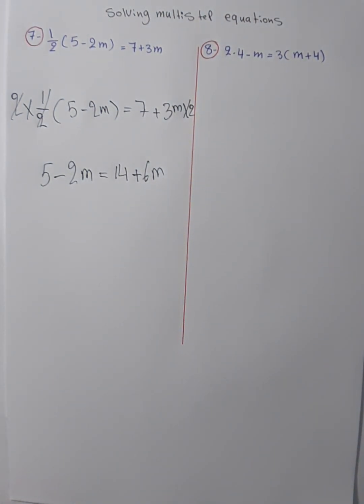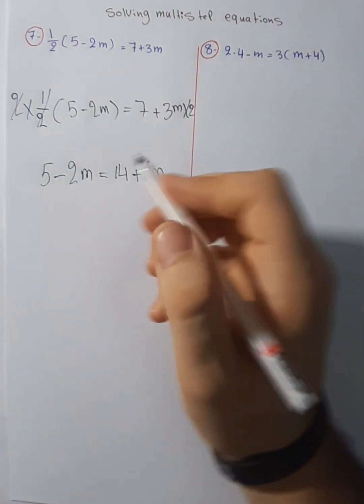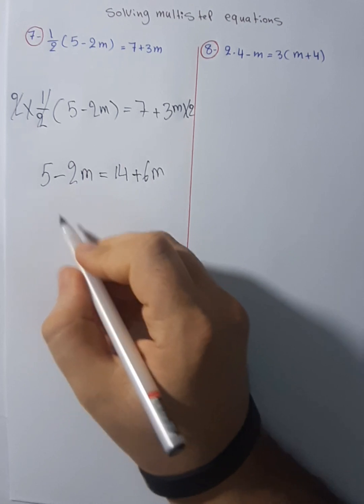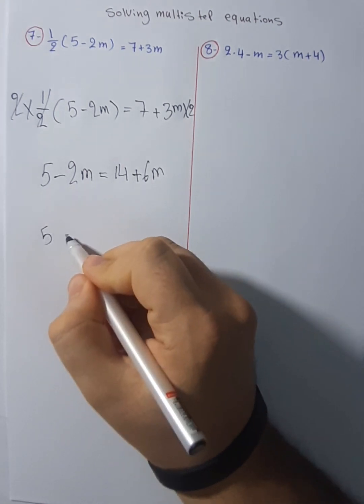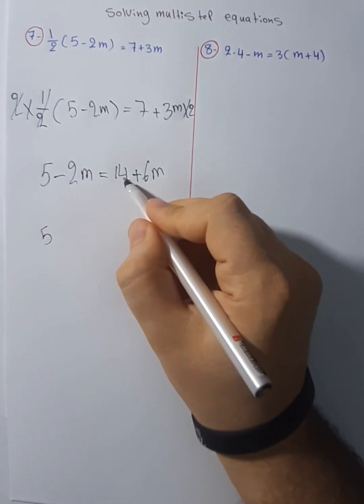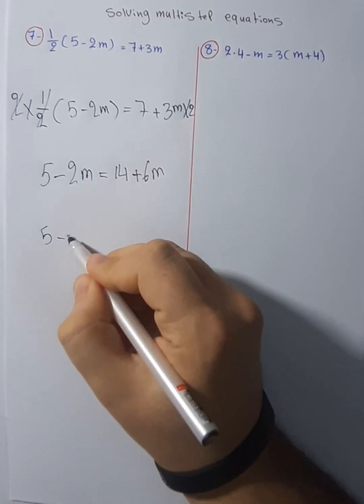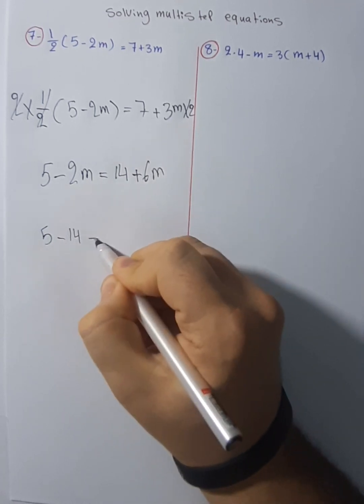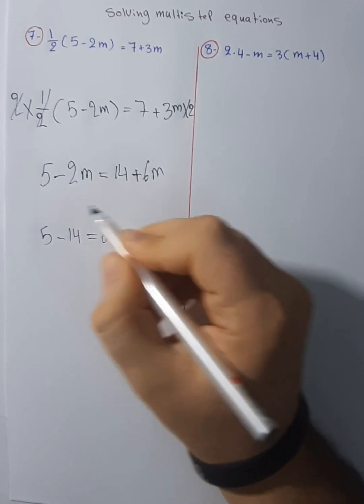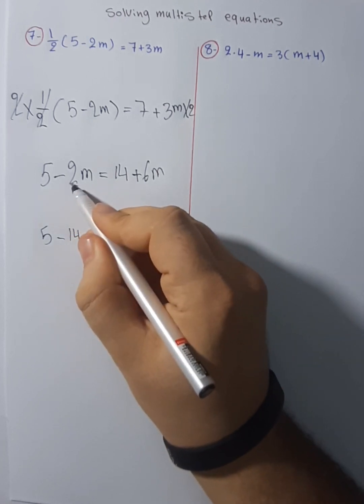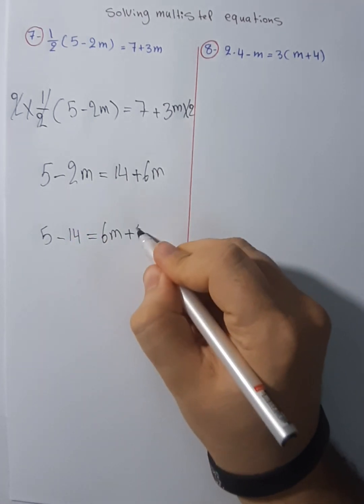After that, we can combine the like terms. In here we have 5 and 14. Positive 14 become negative 14 equal to 6m, and negative 2m become positive 2m.